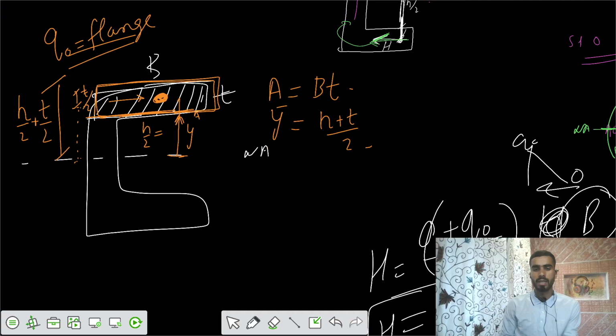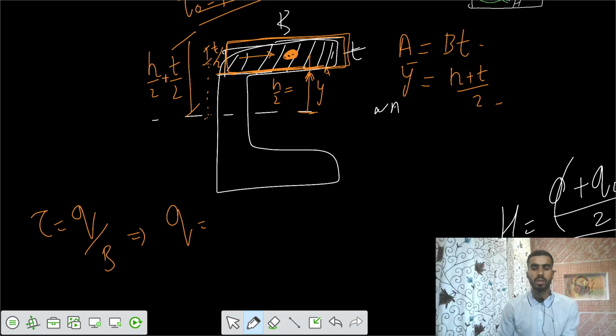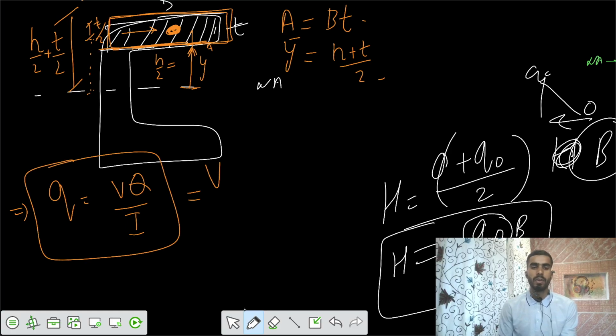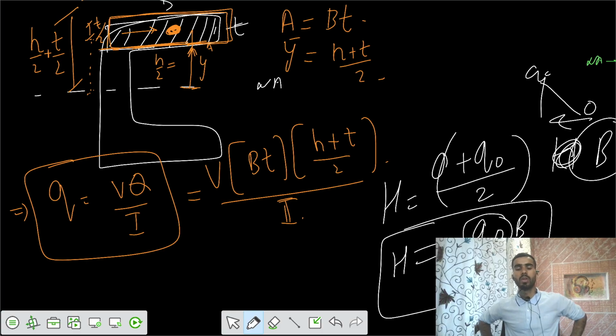Let's write the shear flow. We know that shear stress equals shear flow by width. Shear flow equals VQ by I, so V into Q, where Q equals b into t into (h plus t) divided by 2, divided by I. So you got V b t (h plus t) by 2.